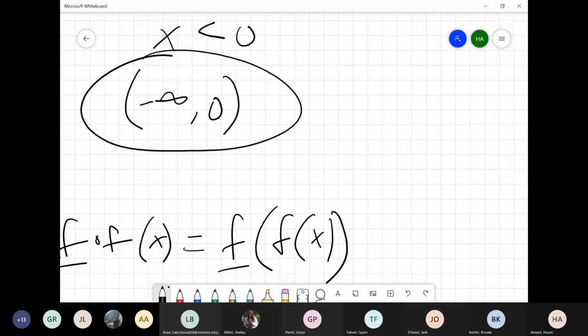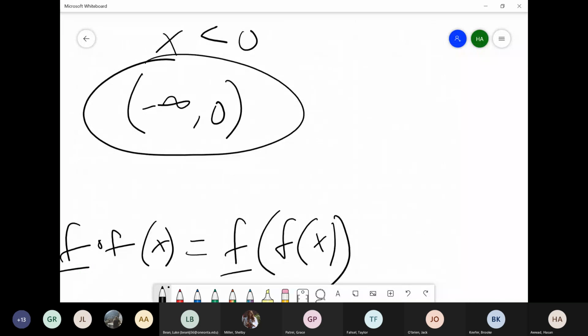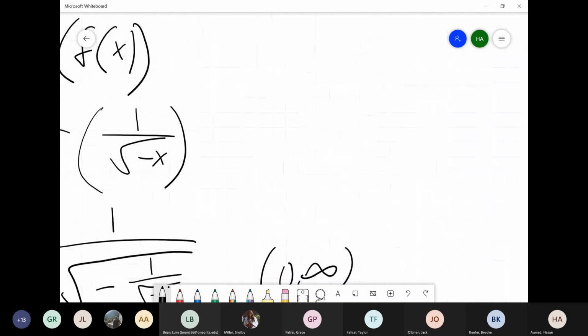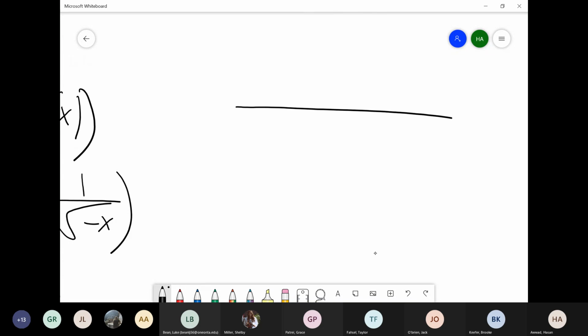And then again, the last thing you have to do is compare it to the domain of the inner function, which you found in part A already. So comparing it to the domain in part A, I'm just going to draw my number line. We don't have 0 in either of the cases, so 0 is excluded. I'm going to draw the domain from part A in red.